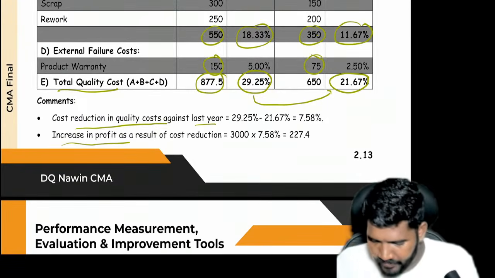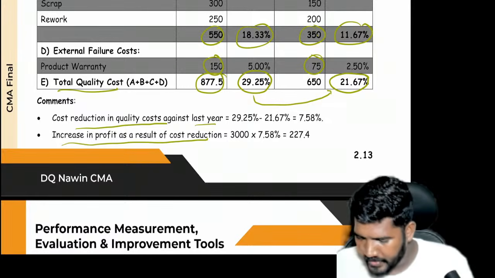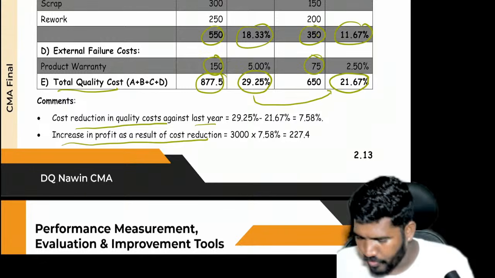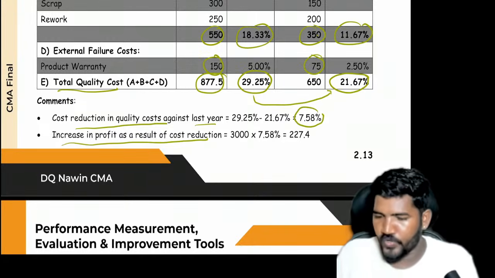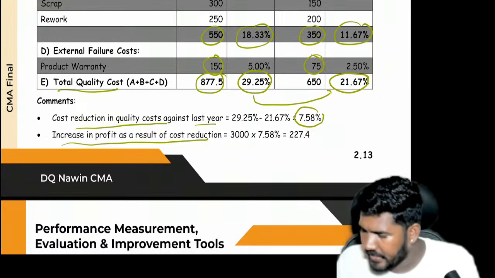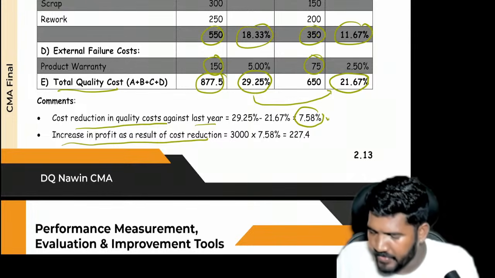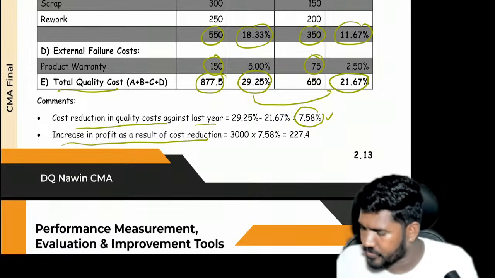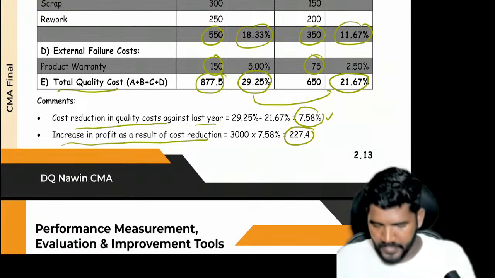Increase in profit as a result of cost reduction: how much did we reduce? 29.25 minus 21.67, so 7.58% of cost reduced. Cost reduction automatically means profit. The reduction is 7.58%, that is nothing but profit, 7.58% into sales 3000, so 227.4 lakh or crore rupees were saved.